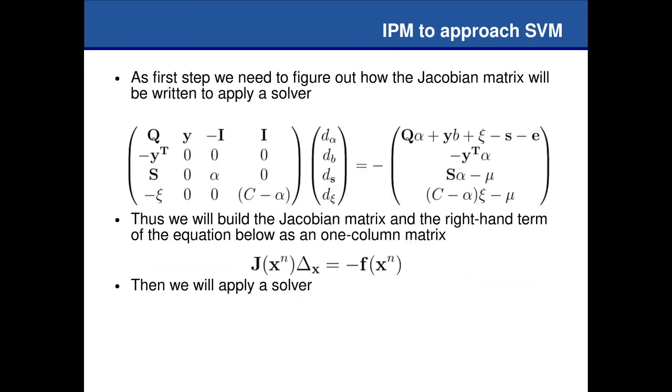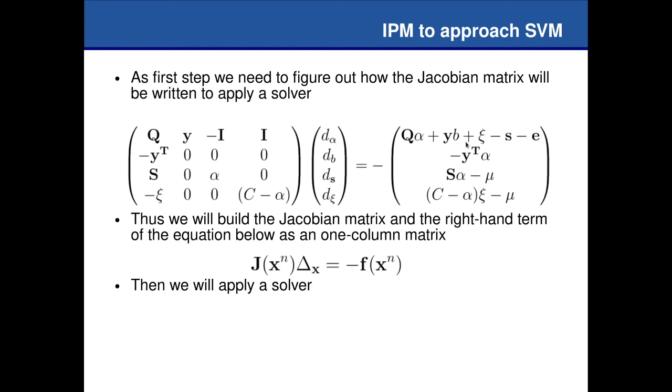Okay, having the Jacobian matrix, what I need to do is multiply the Jacobian matrix by my vector delta, here called delta x, but of course inside it I've got 200 alphas, 1 B, 200 s, and 200 xi's. Why 200? Because I just decided to have 200 elements in my input space as a toy problem to explain to you guys.